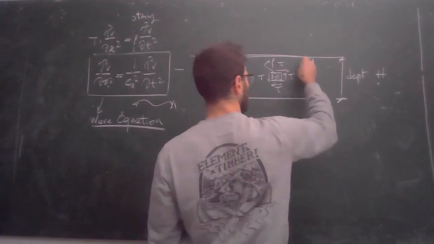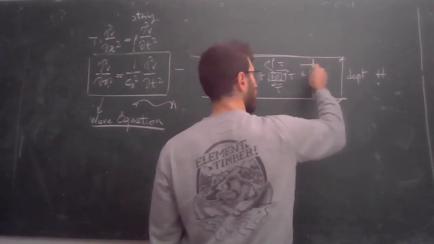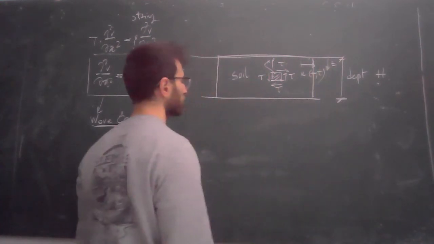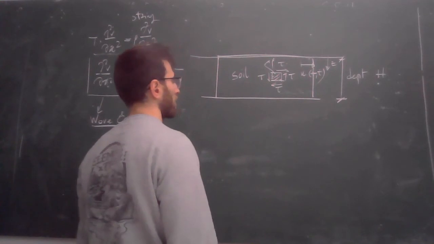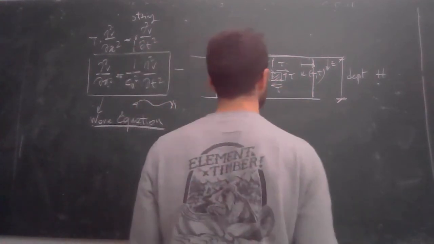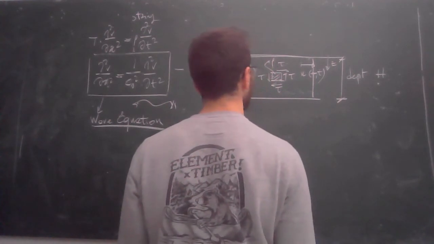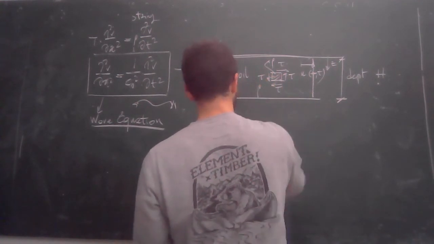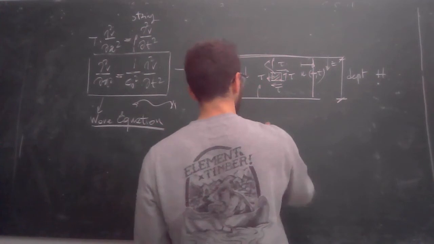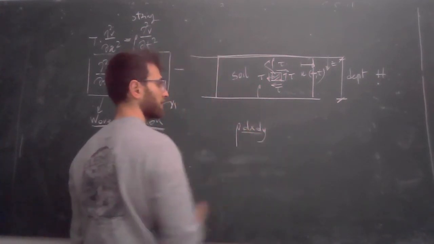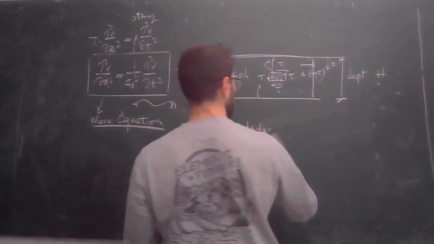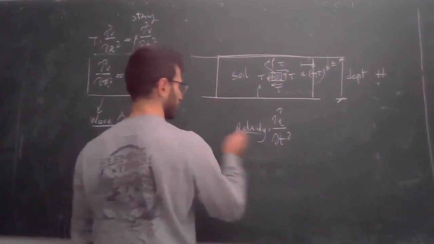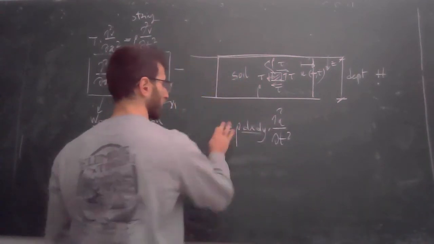and it is u of zeta, t, where zeta is the depth. So we write the equilibrium equation. The inertial forces are rho dx dy, because it's the areal element, times the double derivative of u over dt squared, and it is equal to the shear forces.